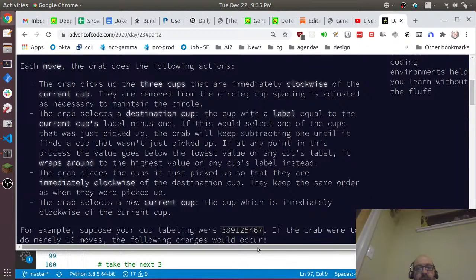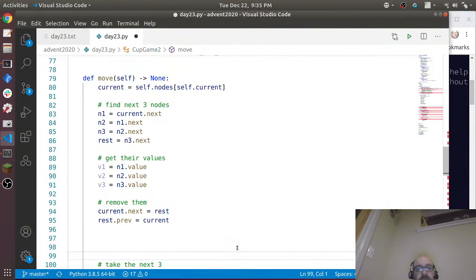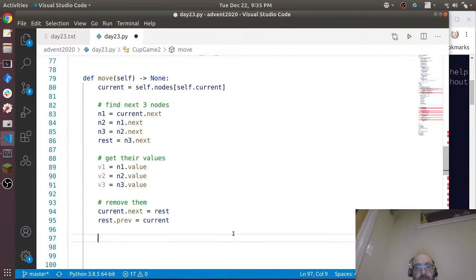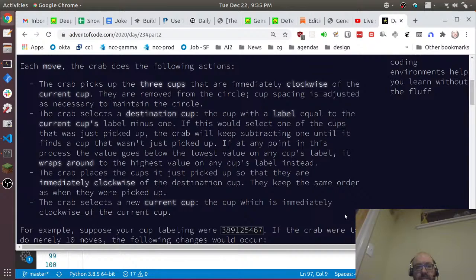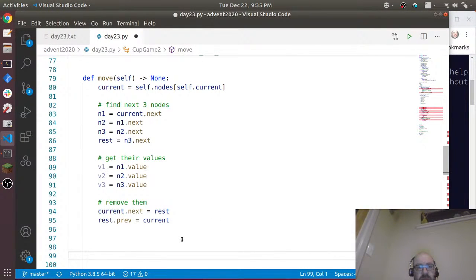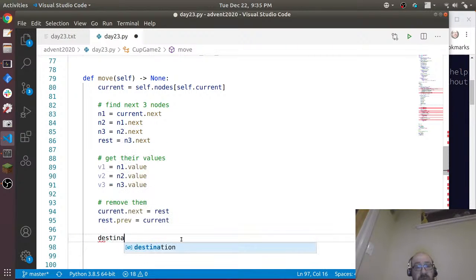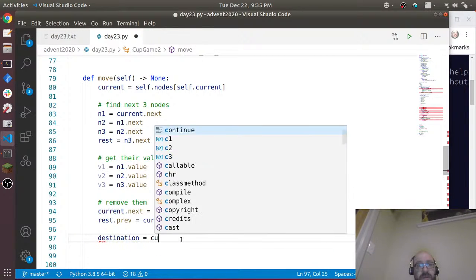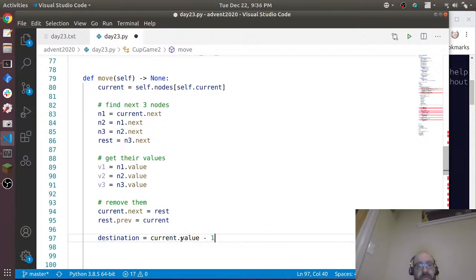Label equals current cup's label minus 1. So destination equals current.value minus 1.